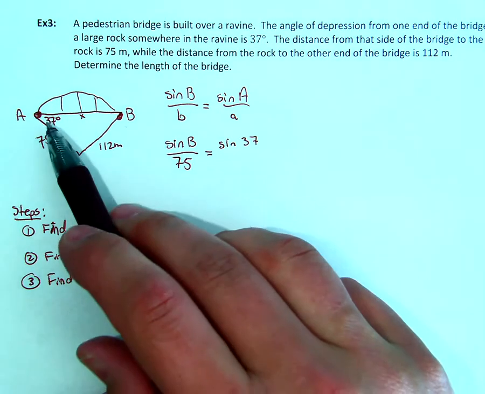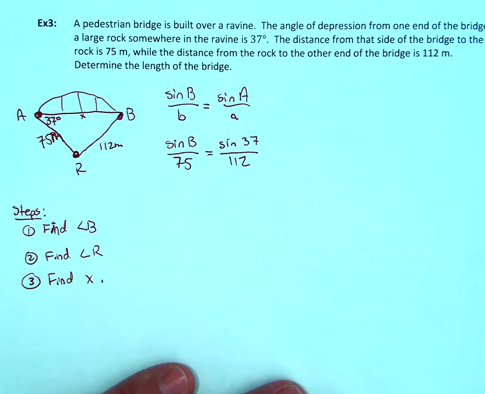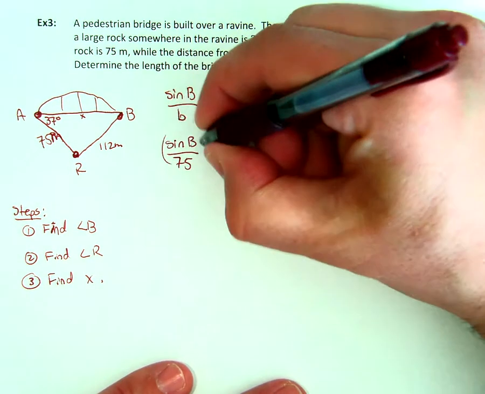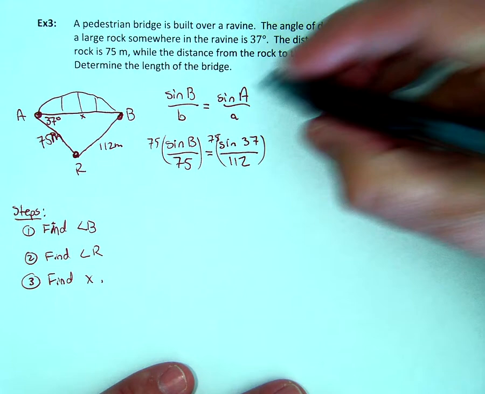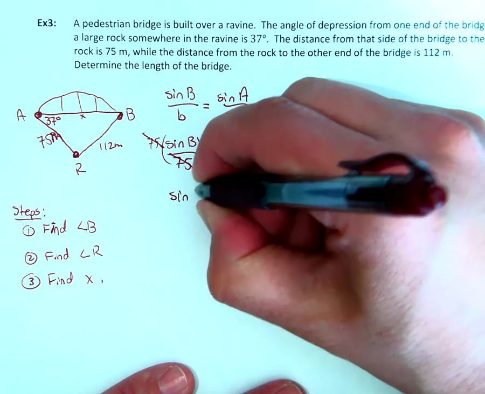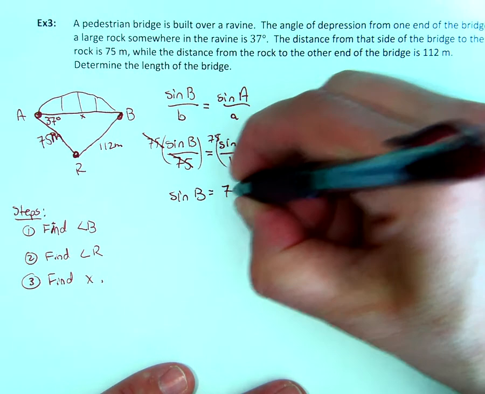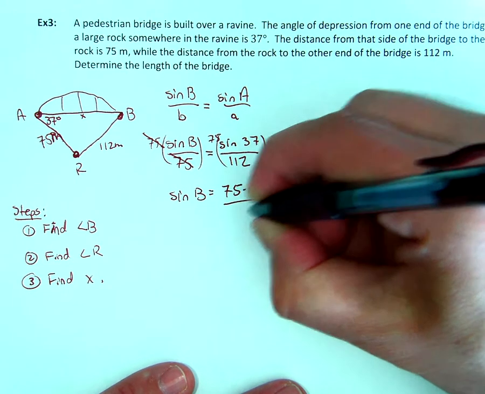Little a will be the side across from angle A, so it's 112. And then what I'm going to do is multiply both sides by 75. So on the left-hand side of the equation, the 75s will divide out, and I'll end up with just sine B by itself is equal to 75 times sine 37 over 112.